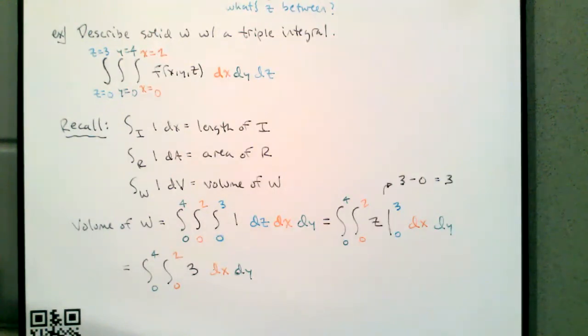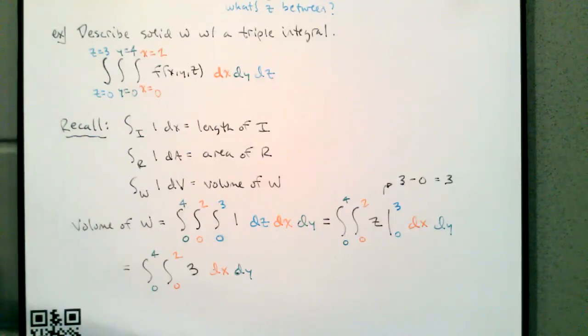We know that integrating the function 1 of this triple integral will give us the volume of the solid W. We did the first step, integrating dz, and we ended up with this double integral from 0 to 4 on y and from 0 to 2 on x, the function 3. Note that this double integral will be the volume under 3 and above the region from 0 to 2 on x and from 0 to 4 on y.